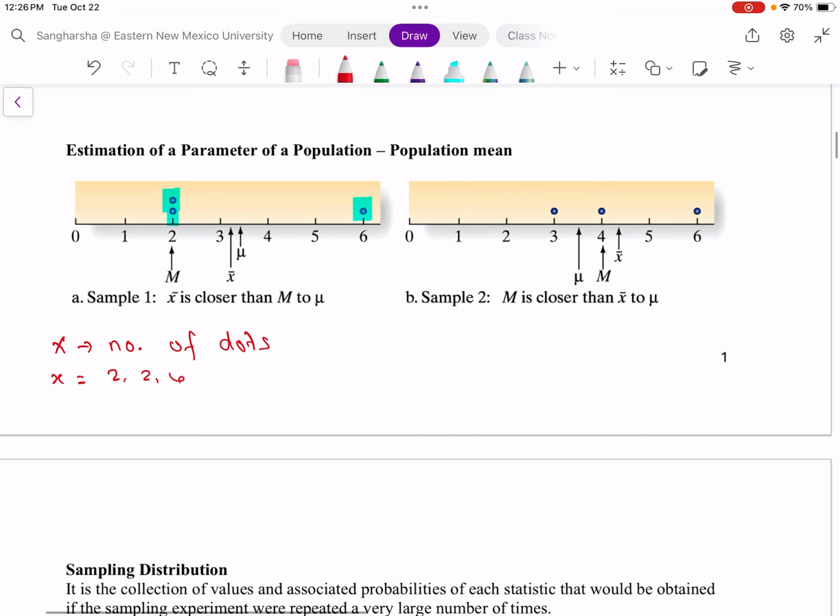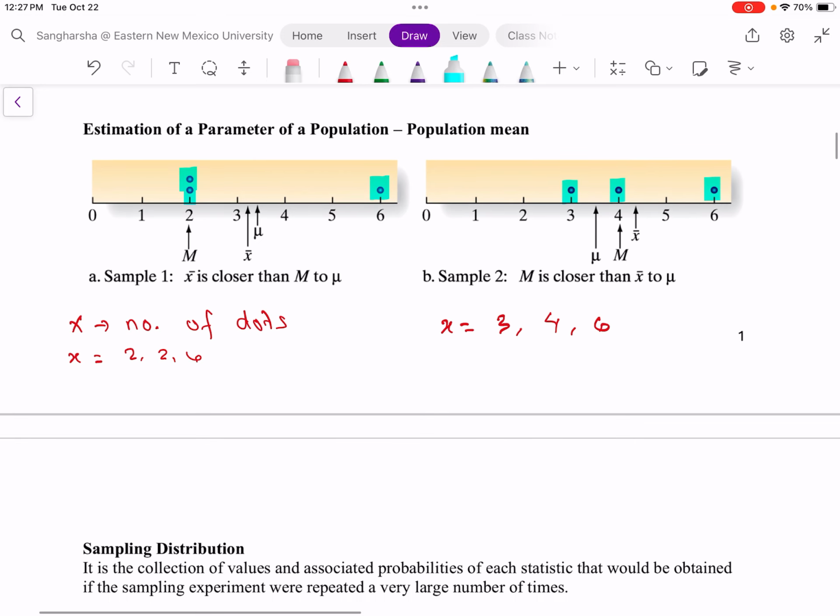Okay, in sample 2, x still represents the number of dots, and we get 3, we get 4, and we had 6. We had the same number of throws; we throw 3 times. So you have a first sample, you throw it 3 times and you collect the number of dots.